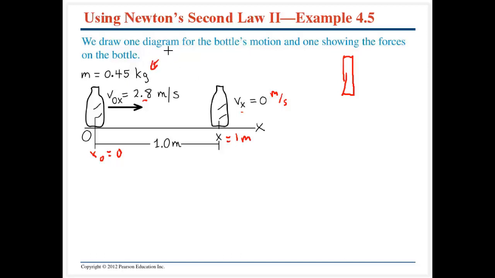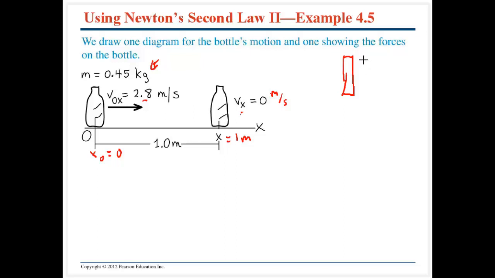This jug of milk also has some mass. It has some initial velocity in the positive direction, let's say, and then it finishes at 0. The velocity has changed, therefore there has been some acceleration of this milk bottle.